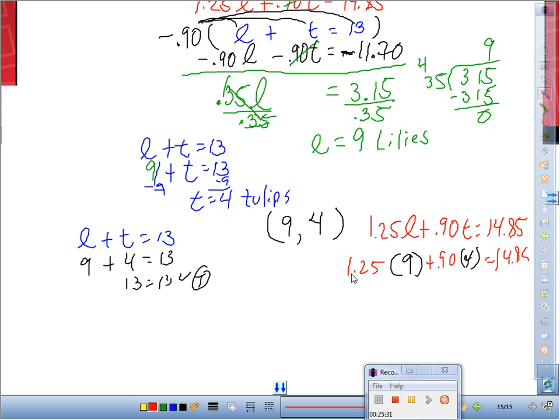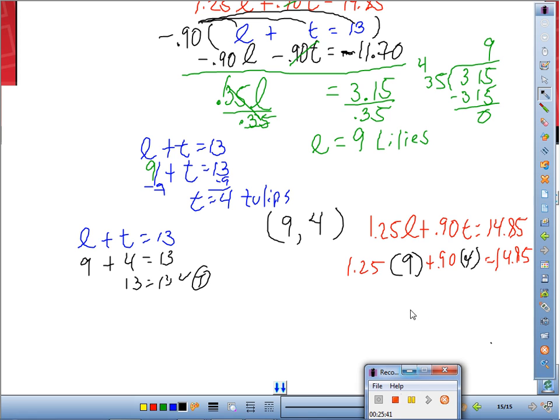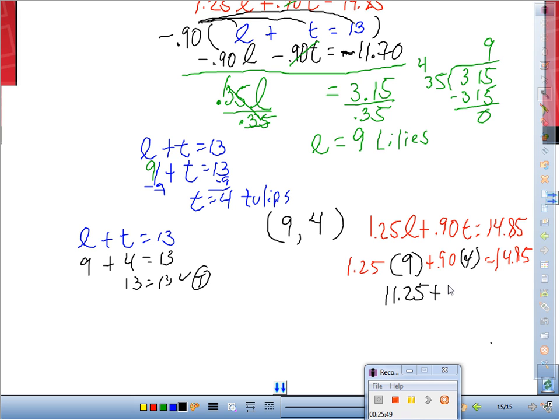Let's see. 9 times this, what is that? I'll wait for you guys. Go. Okay, what is this right here, Gustavo? 11.25. Plus, what else? Well, what is 0.90 times 4? 3.60. So this is 14.85 equals 14.85.